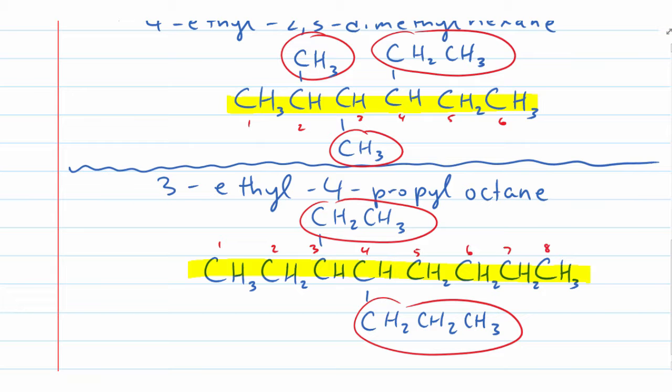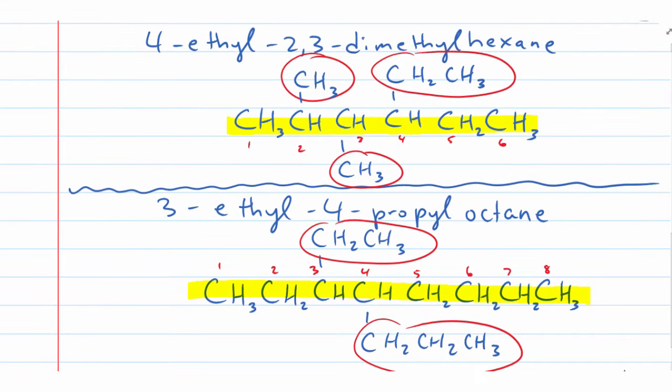So check your answers out here. Any questions that you have on them? Without counting the carbons here, how can we get the number of carbons from the names? Eth means 2, prop means 3, and oct means 8.